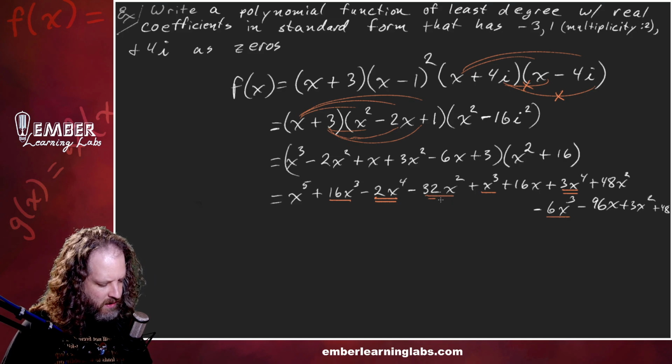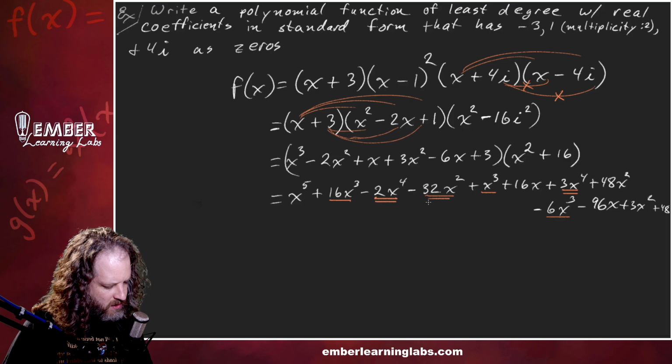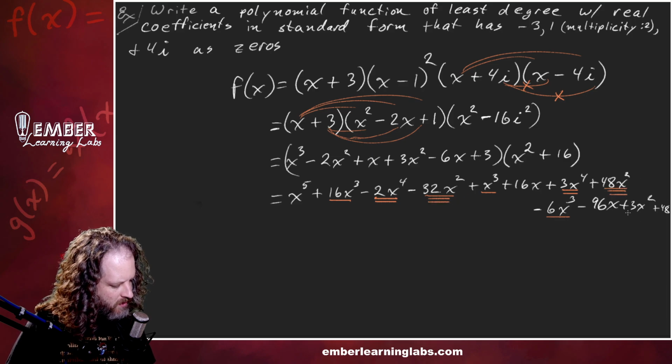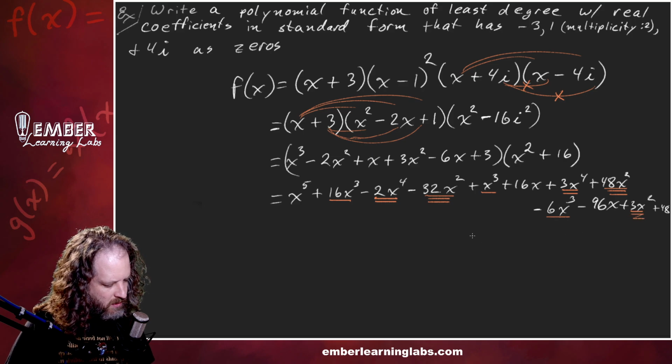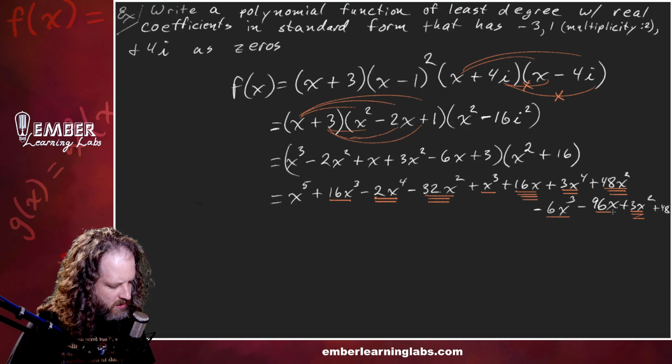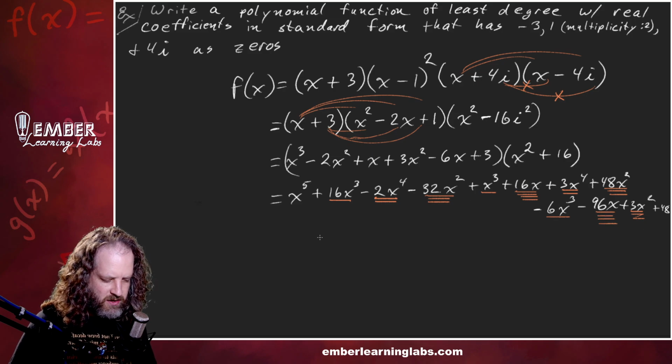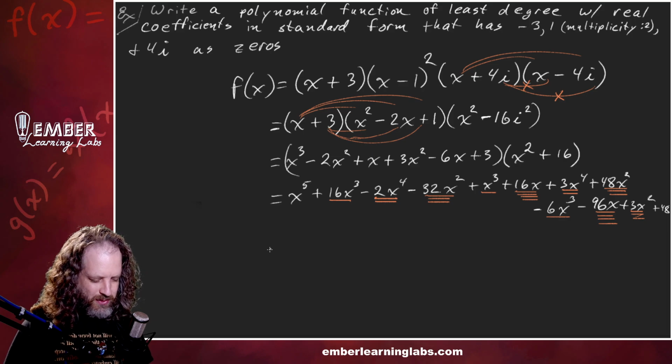So the x squared terms are going to get 3 underlines. And it gets a little complicated when we've got so many types of terms. Great. And I think that's all our like terms. So all my single underlines are my x cubes. And you're like, why are you doing that? Why not just do it? Well, this helps me make sure I don't miss something and make a mistake.